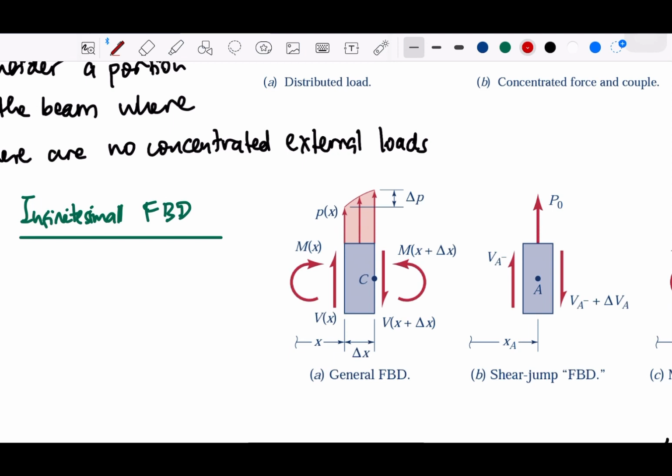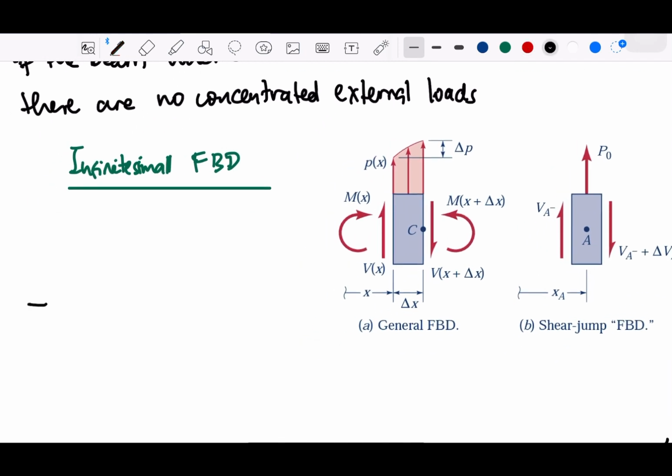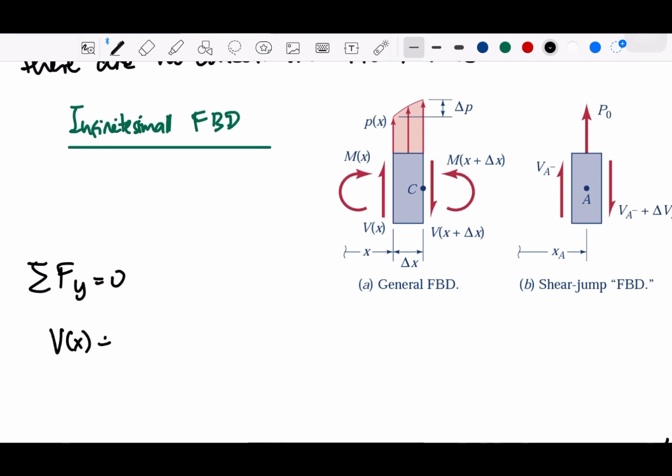So now, taking this into our considerations, taking the equilibrium, we are going to have Vx plus P multiplied by the delta x, and then plus, let me write first and then explain later, this is called O. Let me explain that later.